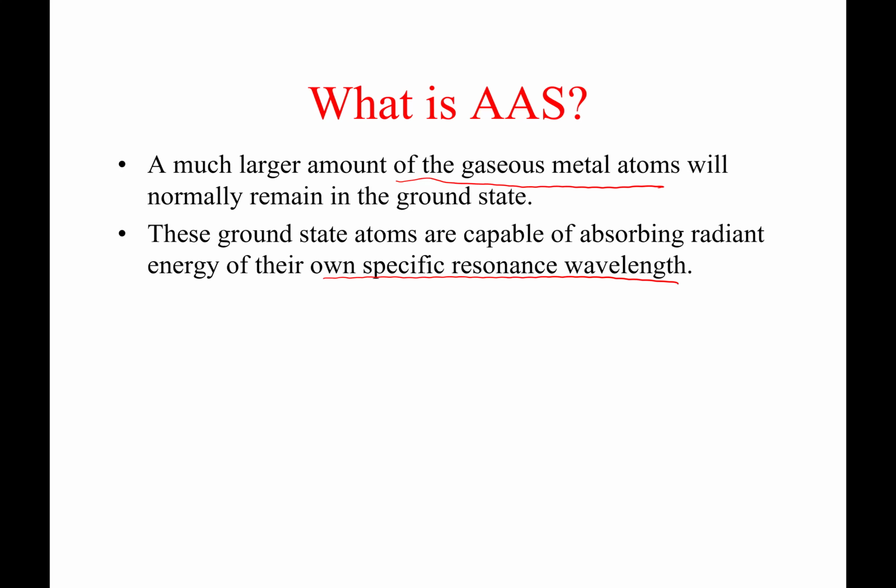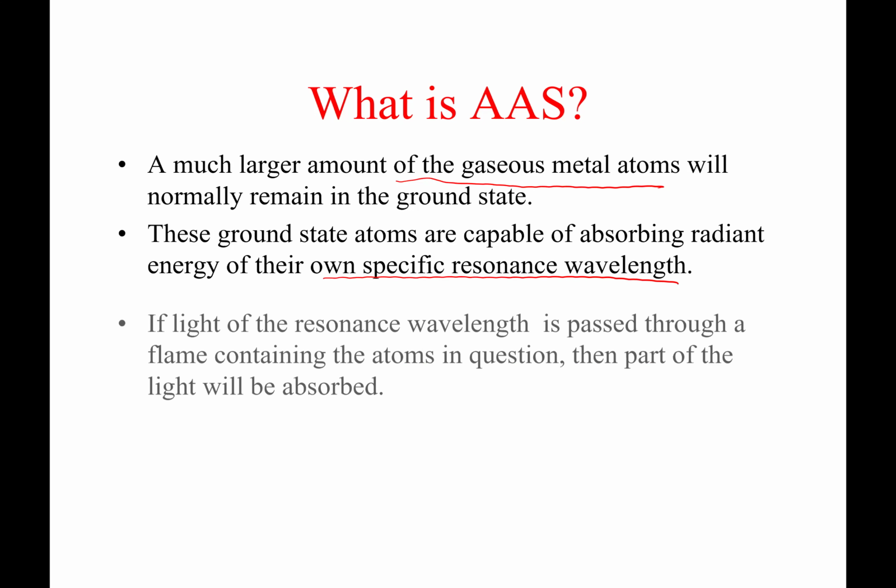If it's sodium, it's a sodium wavelength. If it is copper, chromium, and so forth, we choose those lines. And when we get to the lab, you will see there's a book there. We have to look up the lines and see which one we are going to use. Okay, they have their own characteristic resonant wavelength.